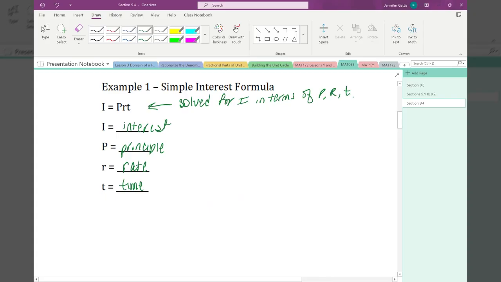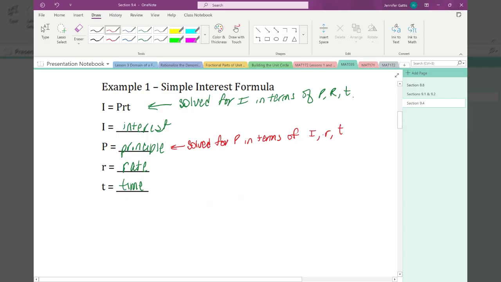So if we wanted to, say we wanted the formula for the principal, this one we want solved for P in terms of I, R, and T.